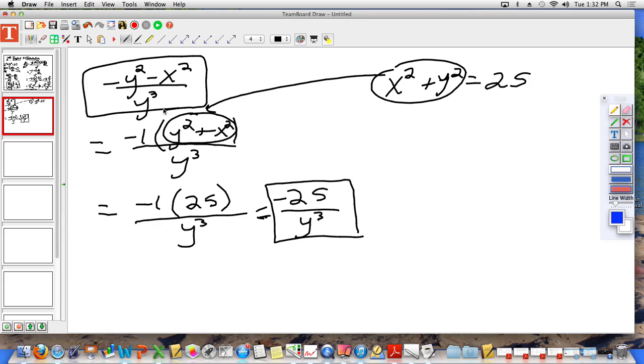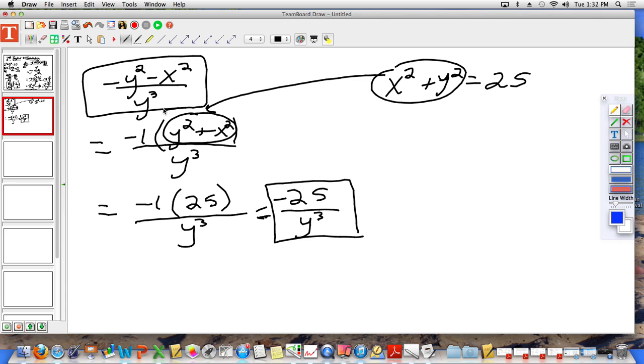Go for it. But if it's really obvious, if the top said x squared plus y squared, and you didn't realize that was equal to 25, I would probably take some points off for that. But this is a little obscure. You might have to do some digging to find what you're looking for. So I would probably accept this answer, without taking the negative one out.